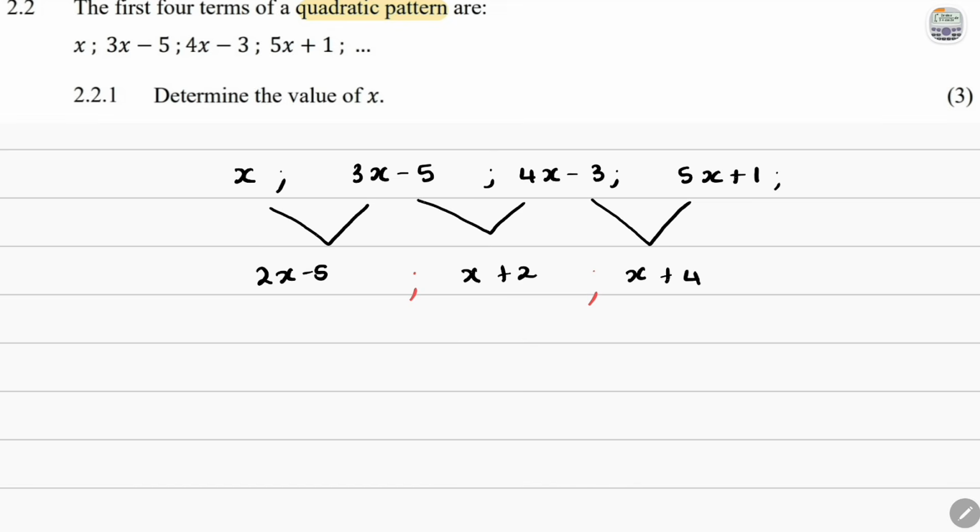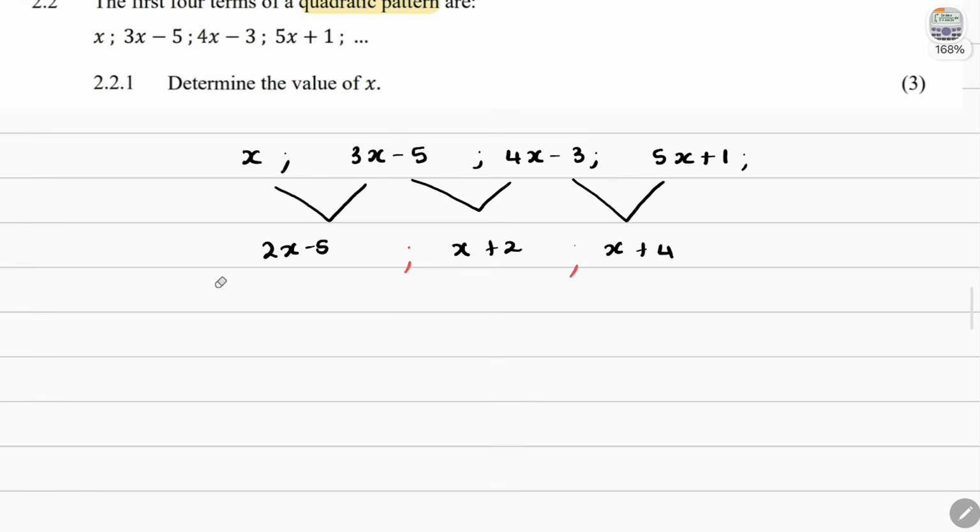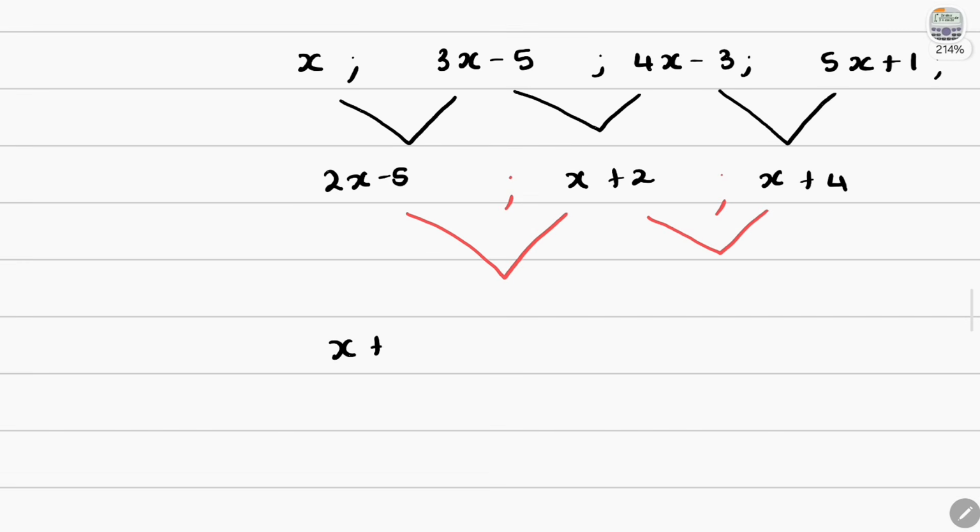Okay, so now what can we do with this? This is our first differences of the quadratic pattern. It forms an arithmetic pattern, a linear pattern. So that means that if you find their differences, they will be constant. So whatever this term minus this term gives us is going to be exactly equal to this term minus this term. And so we'll find out by saying this is x plus 2 minus, and now I'm just going to apply that negative into each of these terms.